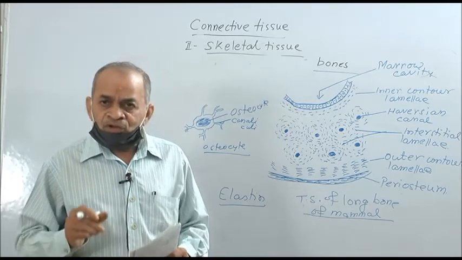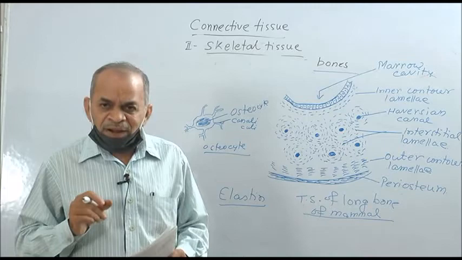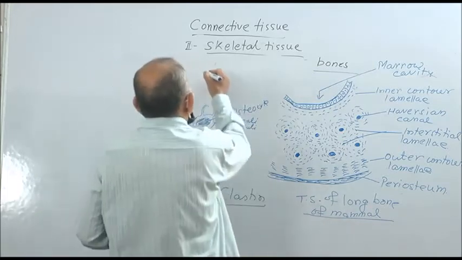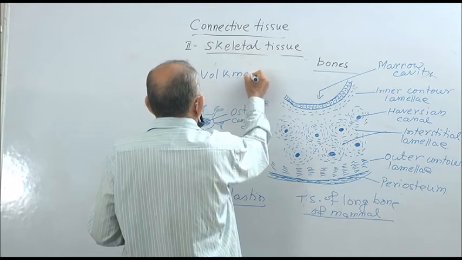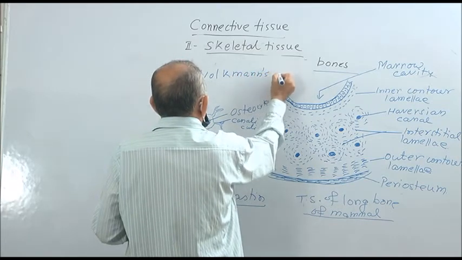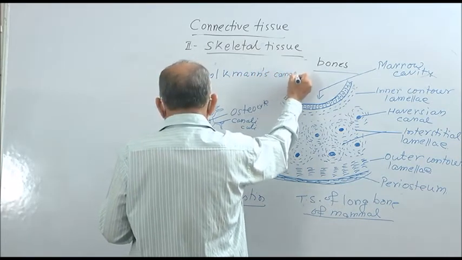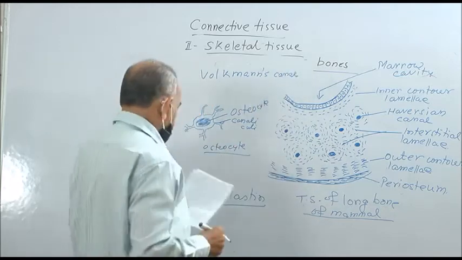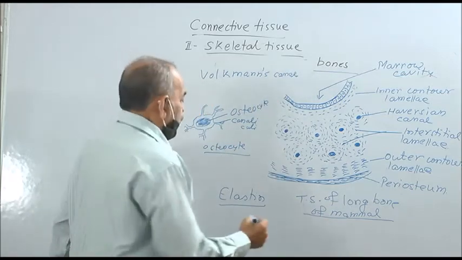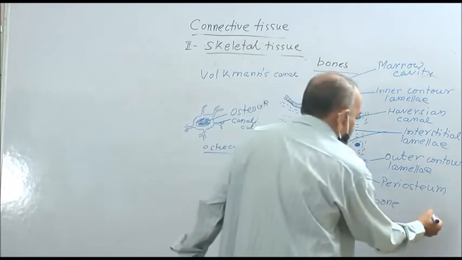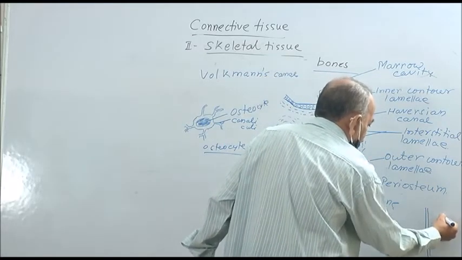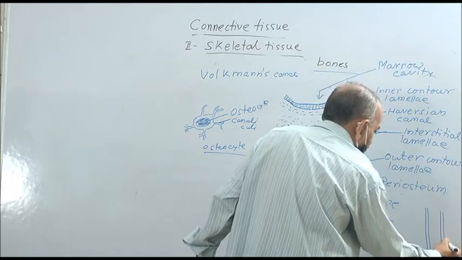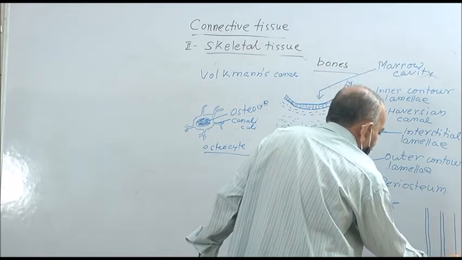Transversely running Volkmann's canals connect the Haversian canals. Suppose this is a Haversian canal, this is another Haversian canal, this is another Haversian canal.